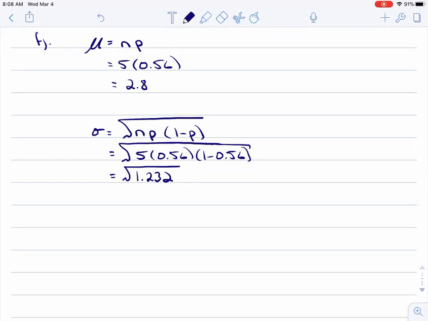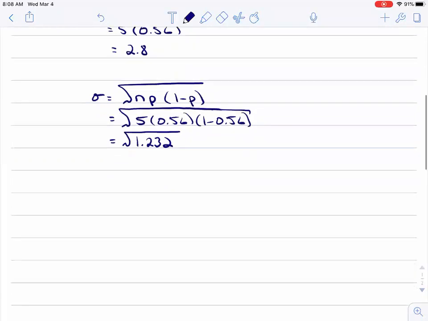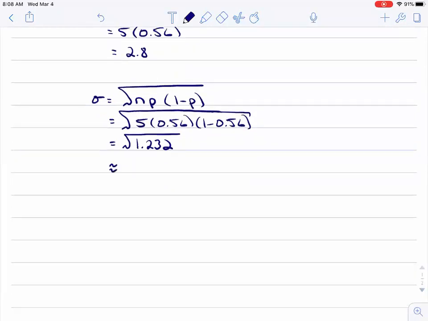Don't forget to take that square root. I get approximately 1.109954954. So that's my standard deviation of the number of increases that I'm going to see in each week.